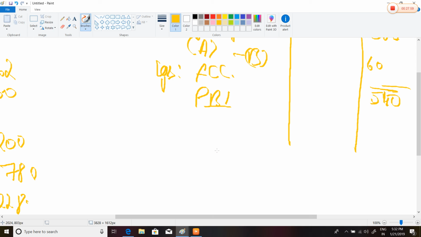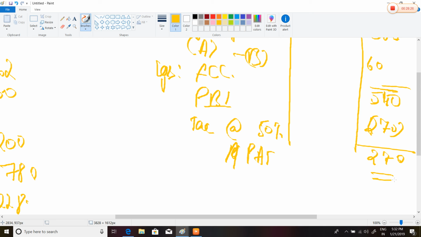Then tax at 50%, 270. 270 is the profit or loss. Sorry, profit after tax. Okay, 270.